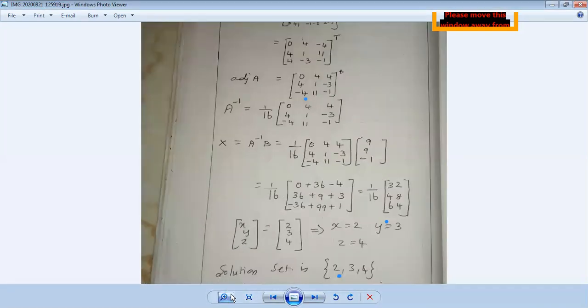Then the next one is to find the adjoint of A. You can do it by any method, either by rounding the corner elements, writing the remaining elements and simplifying, similar to the previous exercise number 1.1, or you can go by the method given in your book.